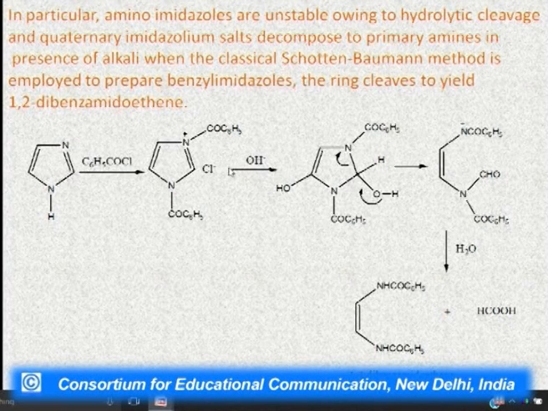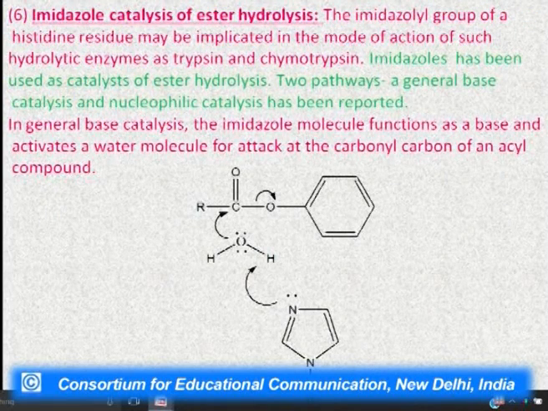Here you can see in the reaction, we have taken the imidazole ring, which will first react with benzoyl chloride to give its chloride salt. Here the hydroxy nucleophile will replace the halogen atom present at carbon number 2 and finally will cleave the ring, and we will get ring fission in the product, and finally we will get 1,2-dibenzamidoethene. So, in case of nucleophilic attack, we will get ring opening.